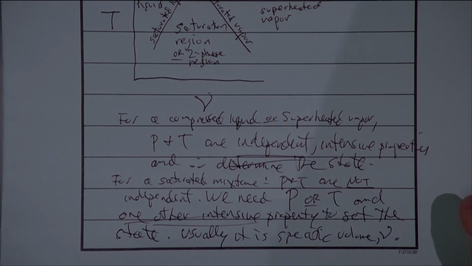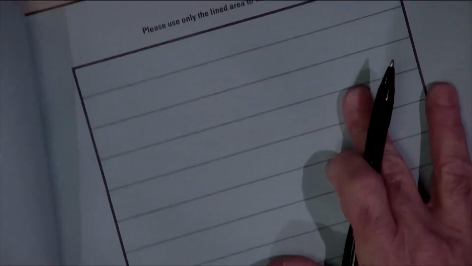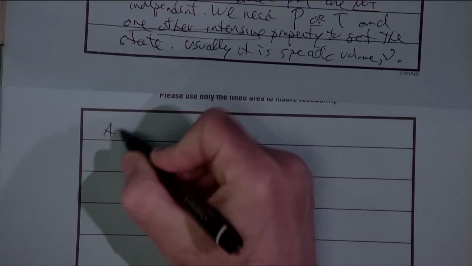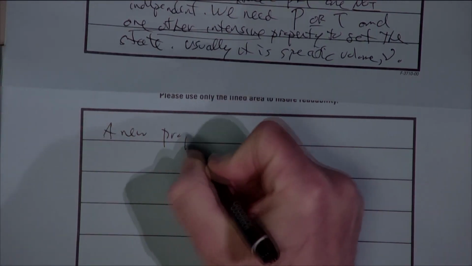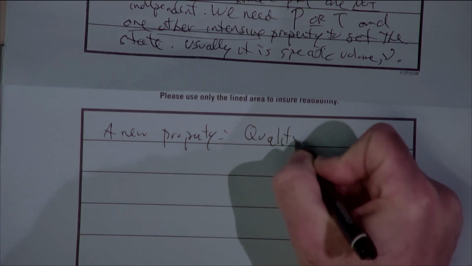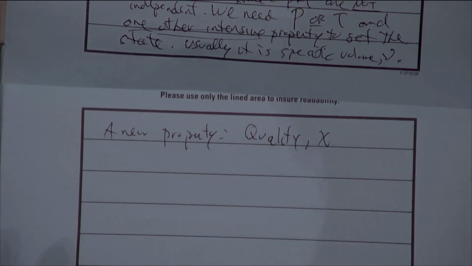Now, that's not the only other property. There's another property which I will just introduce you to today. Let's call it a new property. It's called quality, and quality is given the lowercase letter x.